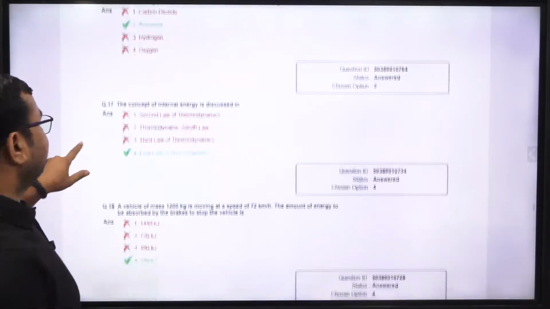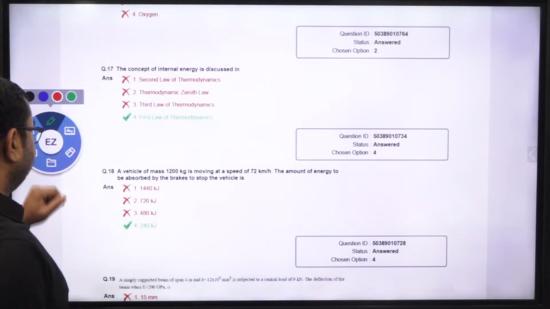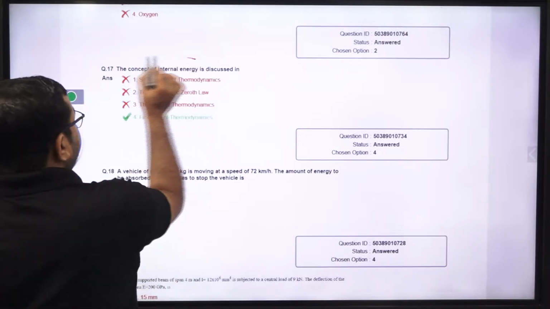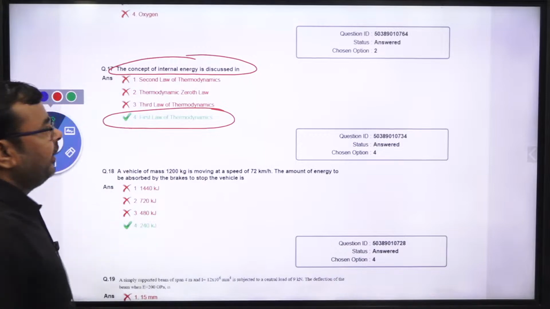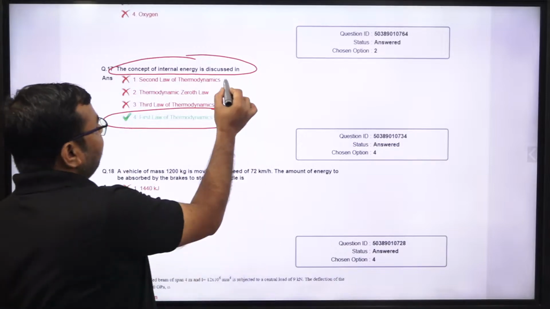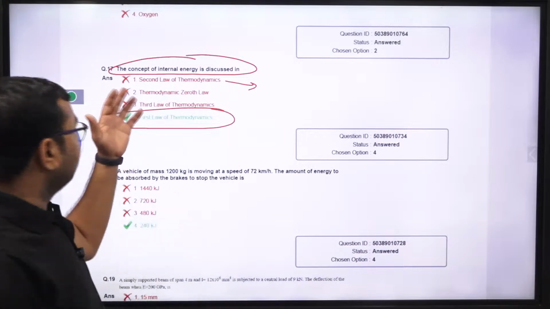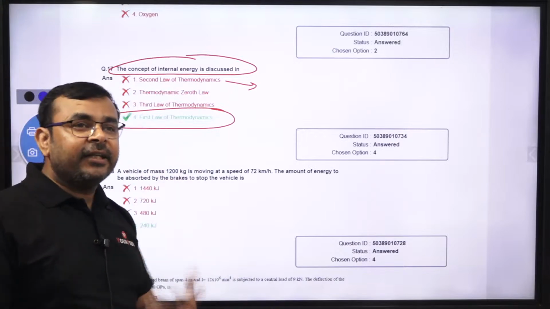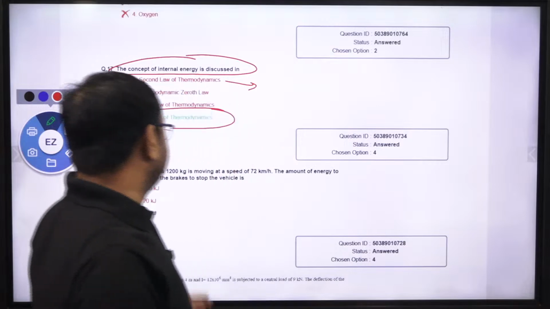Okay, let's see another question. The concept of internal energy is discussed in. So obviously this is a very simple question. The concept of energy is discussed in the first law of thermodynamics. In the second law of thermodynamics we deal with quality of energy, but the first law of thermodynamics deals with quantity of energy, how much internal energy, how much enthalpy is available in the system.